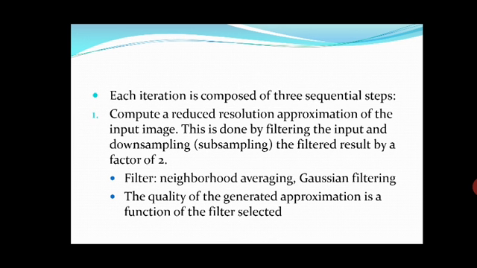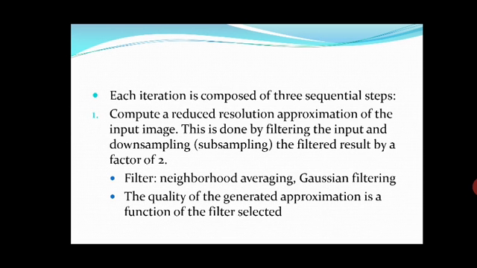The first one: compute a reduced resolution approximation of the input image. This is done by filtering the input and downsampling, that is subsampling, the filtered result by a factor of 2.